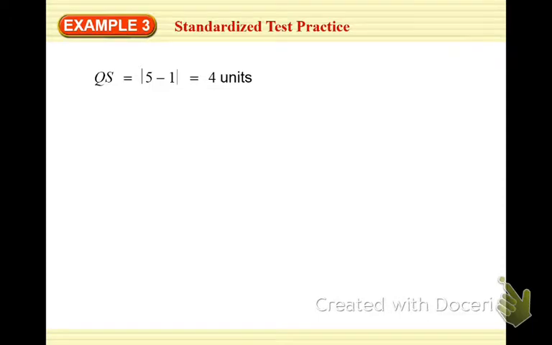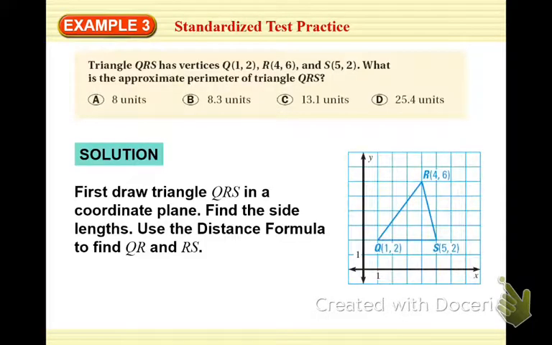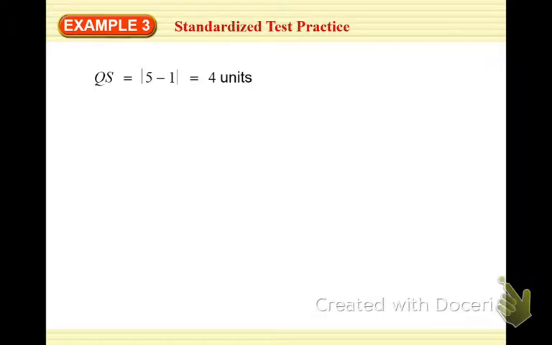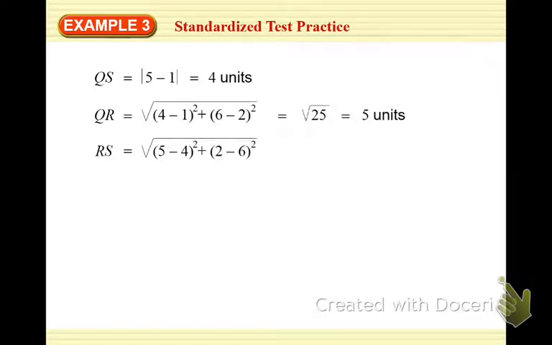Okay, so it looks like they did it through graphing. But did you guys have a graph on your notes? All right, so we would have to use a distance formula. So they calculated that, and RS is 4.1. So we add those things up.